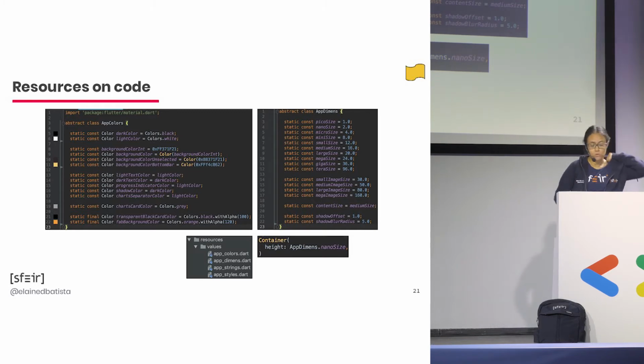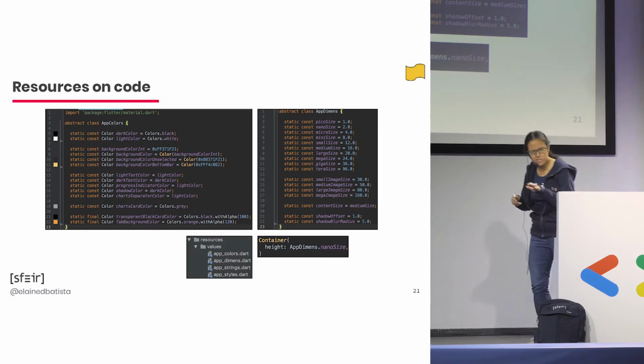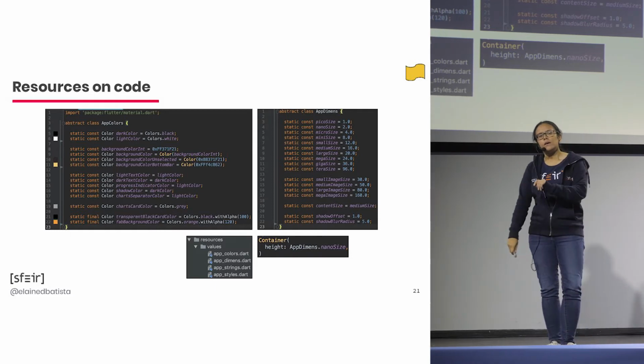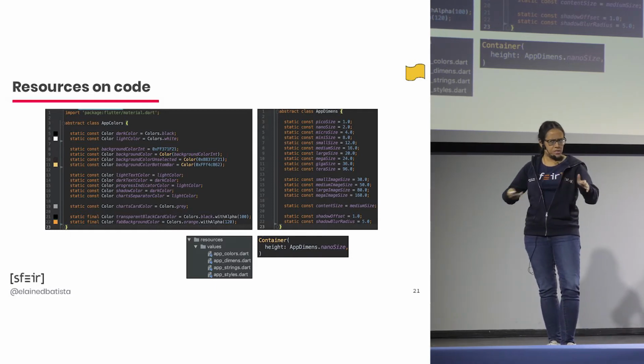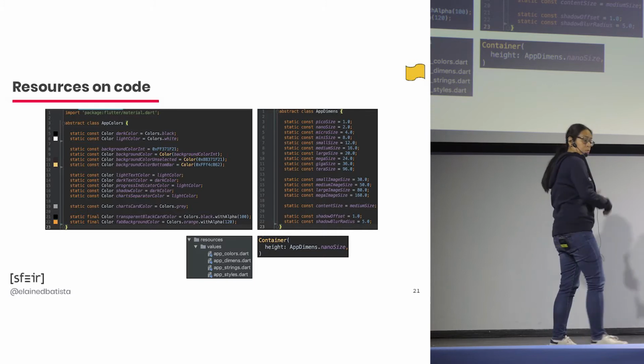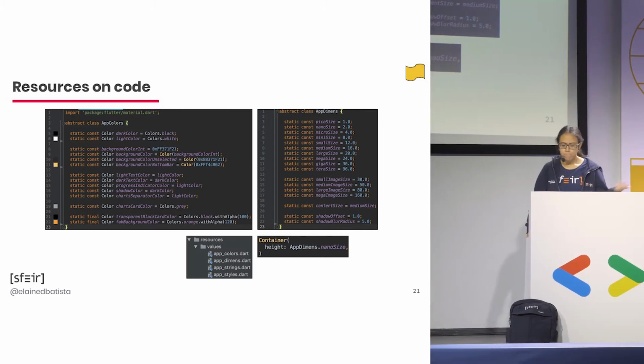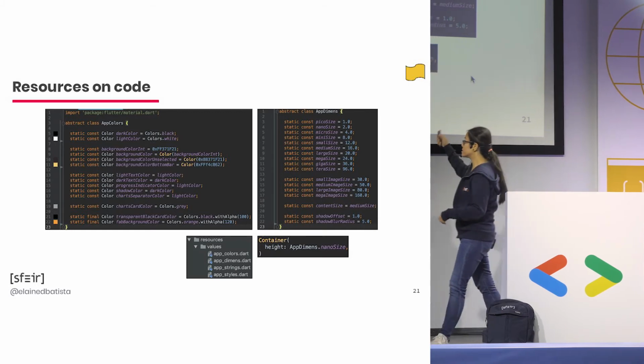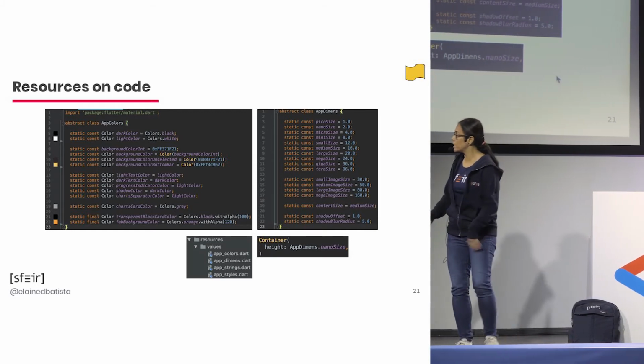It's actually pretty simple, but at first it was kind of weird doing it like that, again, as an Android developer. But I guess for web developers, maybe this is something people already do. For me, it was weird, but I got used to it. It works for me. So this is some definitions of colors, some definitions of dimensions, and this is what it would look like referencing them in the code. So yeah, I guess it works nicely.